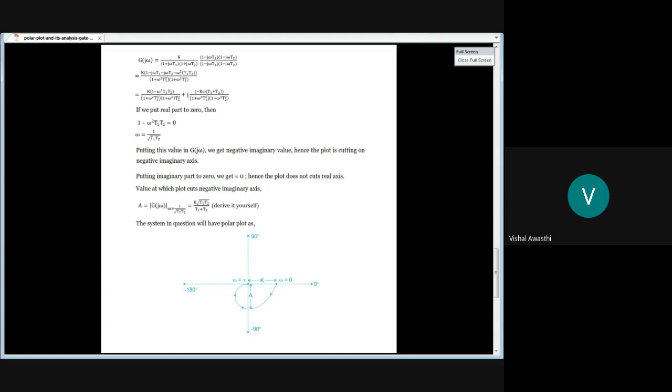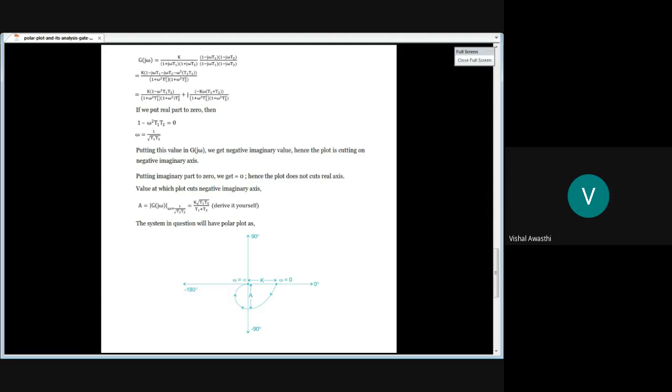But you can see that the plot is going to start from omega is equal to 0, going to minus 90 degree with the length of a cutting point, and now going to terminate to origin with a direction of minus 180 degree.